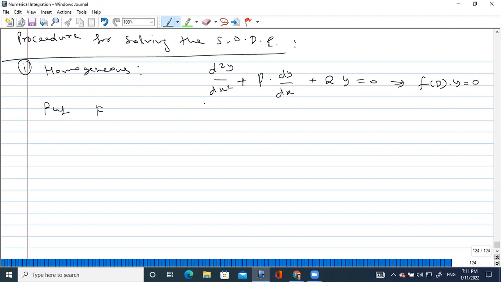You understood now what f(D) is? f(D) is D square plus pD and plus q. That is f(D). So you can put f(D) equal to 0. Once you put f(D) equal to 0, this is known as the auxiliary equation.